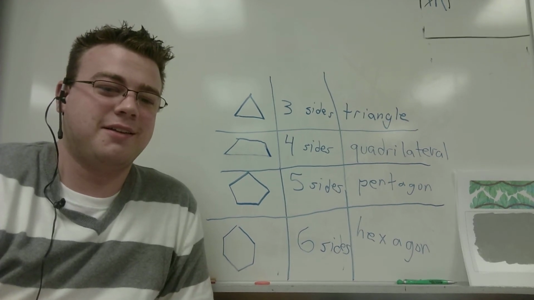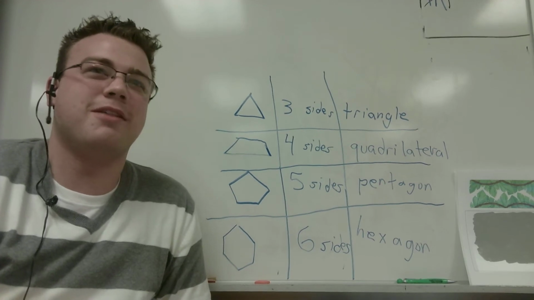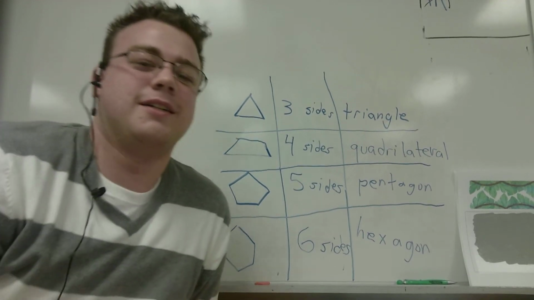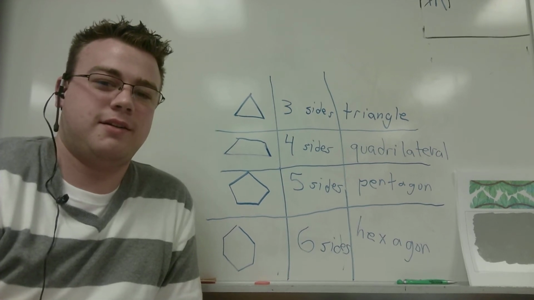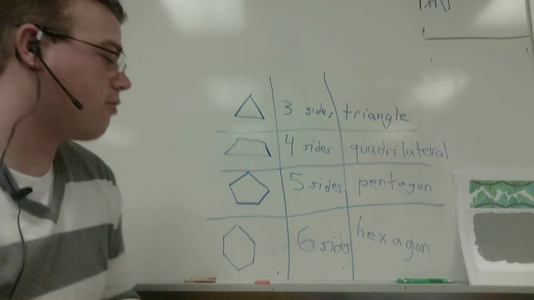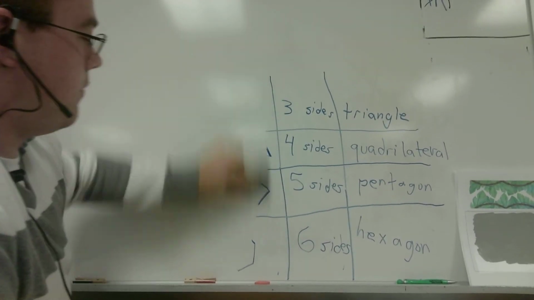Okay, I'm going to erase my... I shouldn't have erased my whole chart because I'll use it. Alright, we left off with 6 sides. We are going to do 2 more. We're going to talk about an octagon. Now, I'm not very good at drawing the standard octagon.